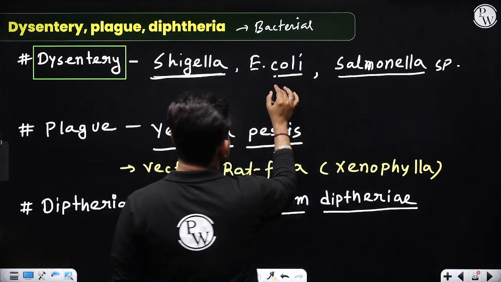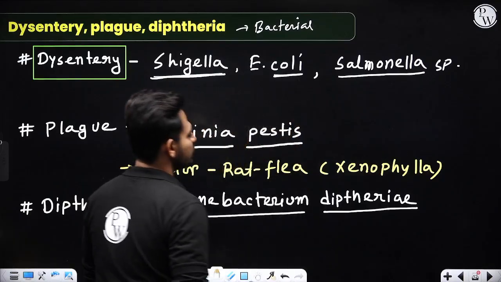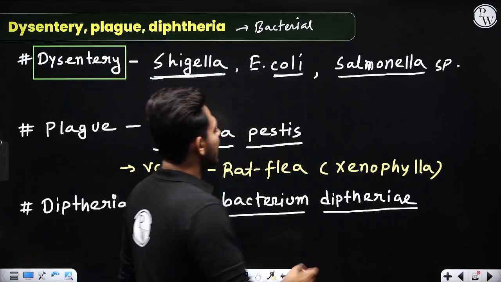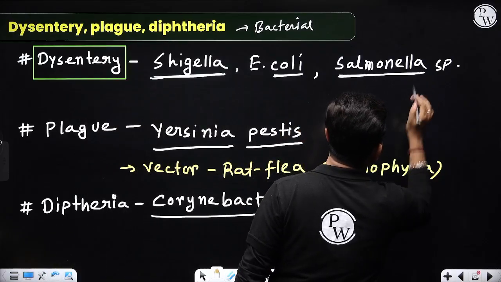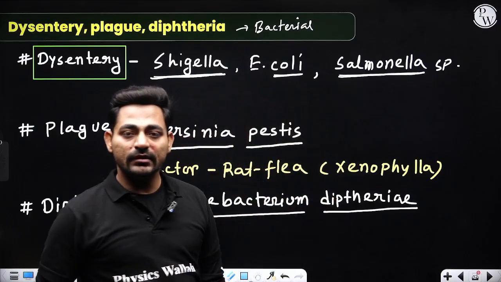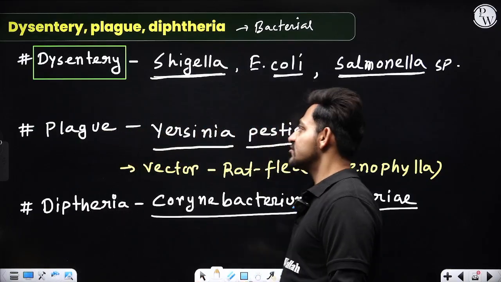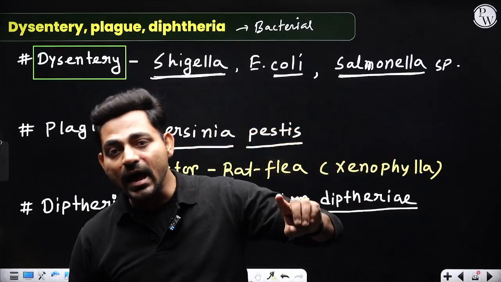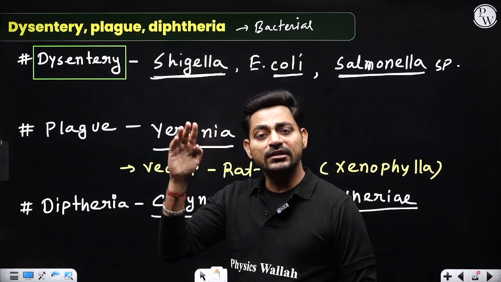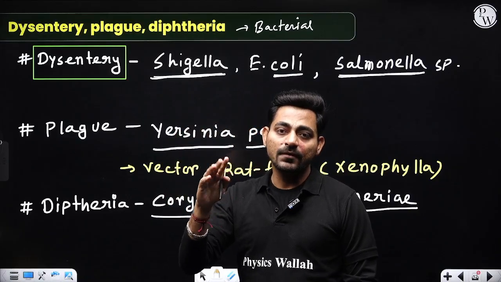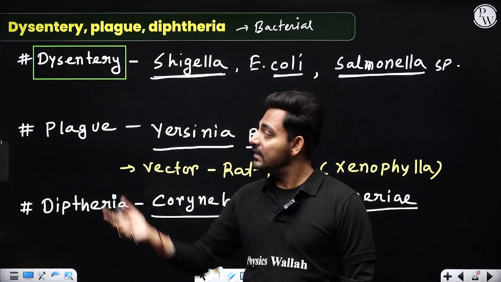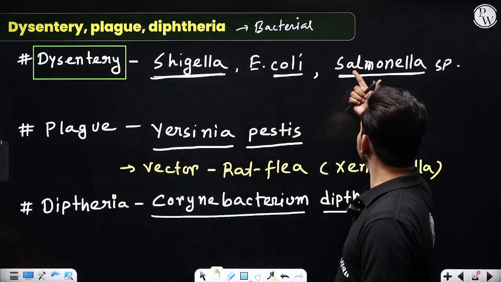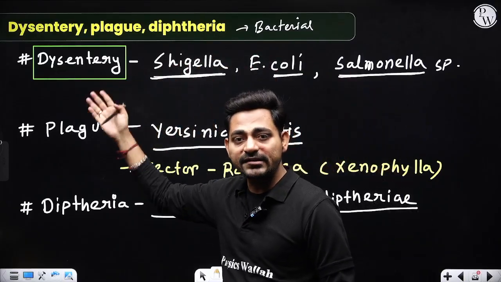Also there are certain other bacteria: a few strains of E. coli, Escherichia coli, can also cause dysentery, and a few strains of Salmonella species can also be the causative pathogen. There is another dysentery we will be studying, amoebic dysentery, which is due to the pathogen called Entamoeba histolytica. This particular dysentery is due to infection of Shigella, E. coli or Salmonella. So basically this is a bacterial dysentery.